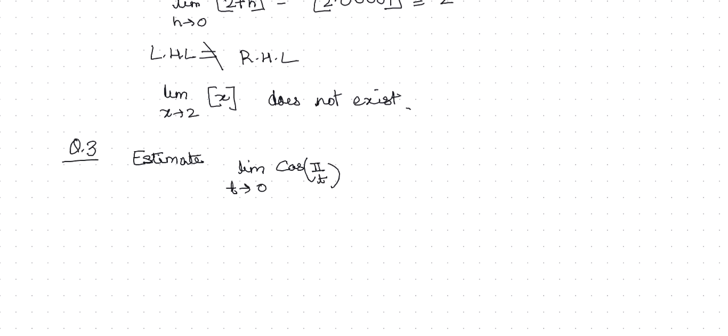So let's do this using a table of values. So this is f(t) equals cos pi by t.